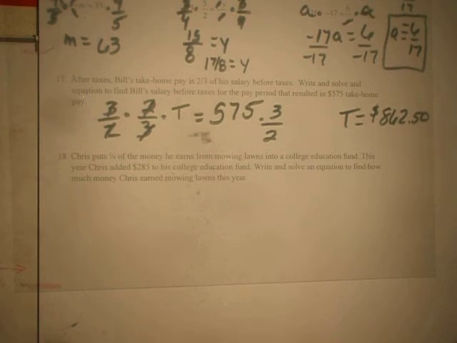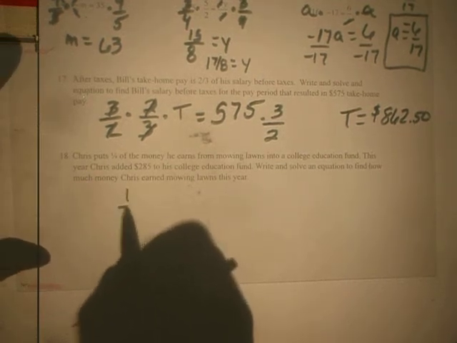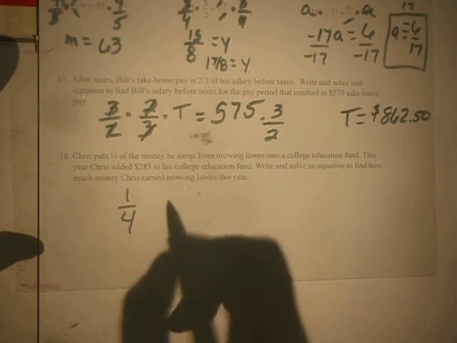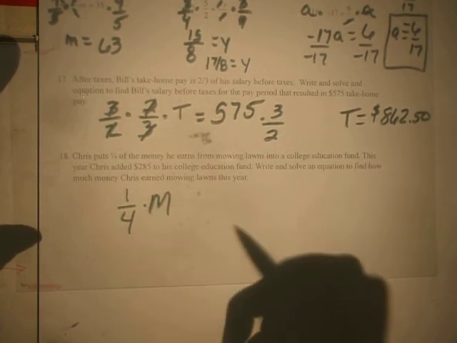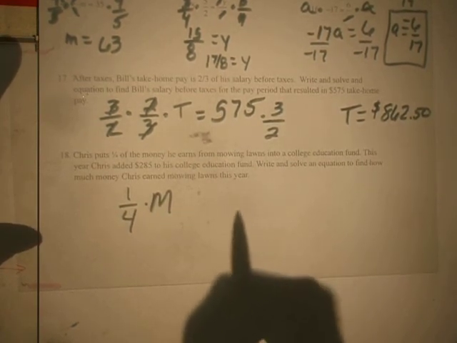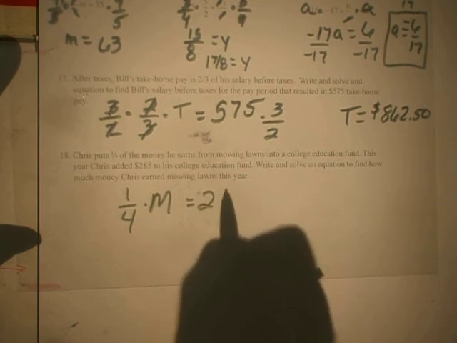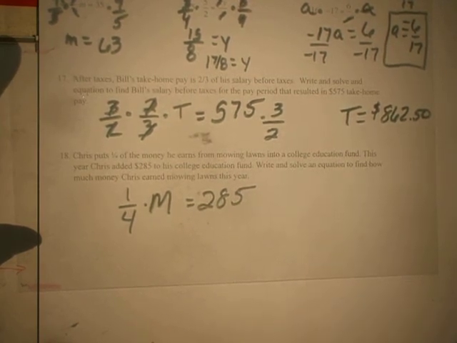Number 18, Chris puts a fourth of the money he earns from mowing lawns into a college fund. This year he added $285 to his college fund. Write and solve an equation to find how much money Chris earned mowing lawns this year. So you have a quarter of his total money, 1/4 M, equals $285.